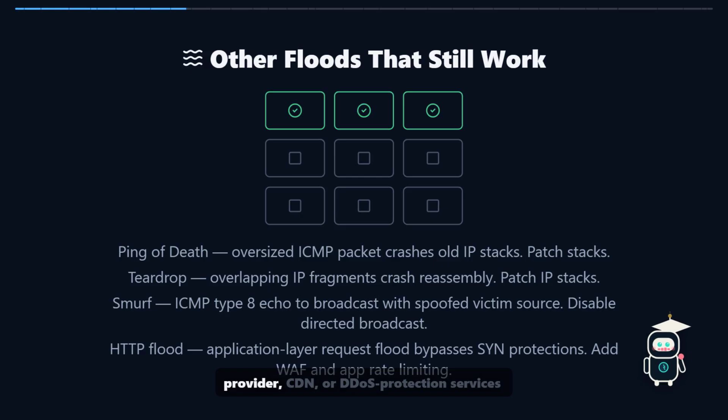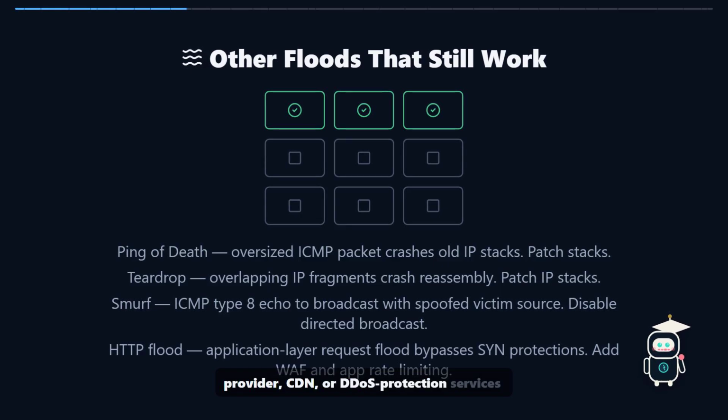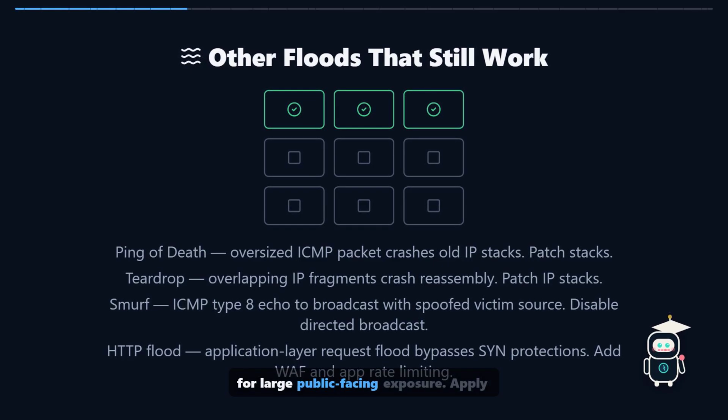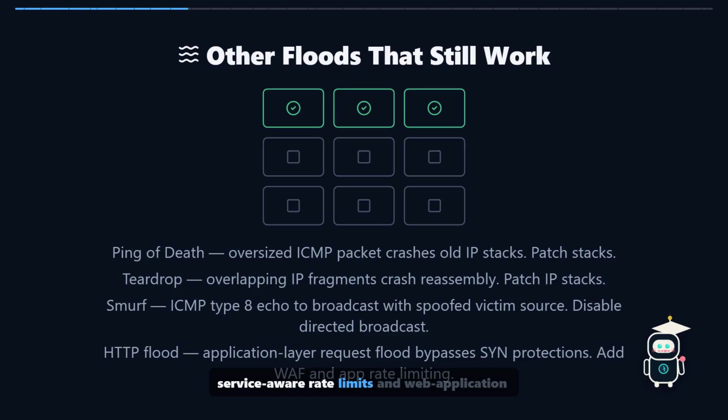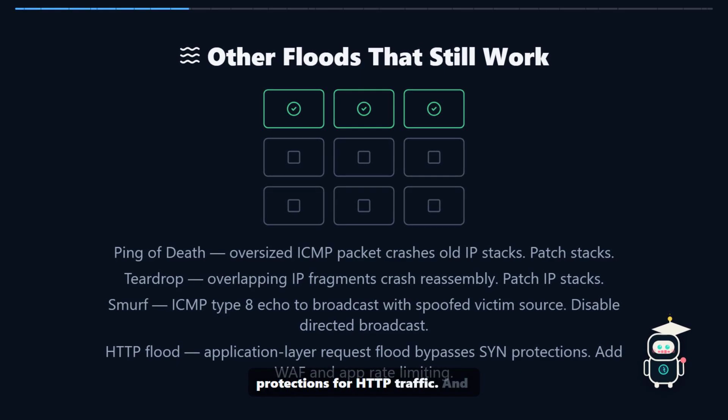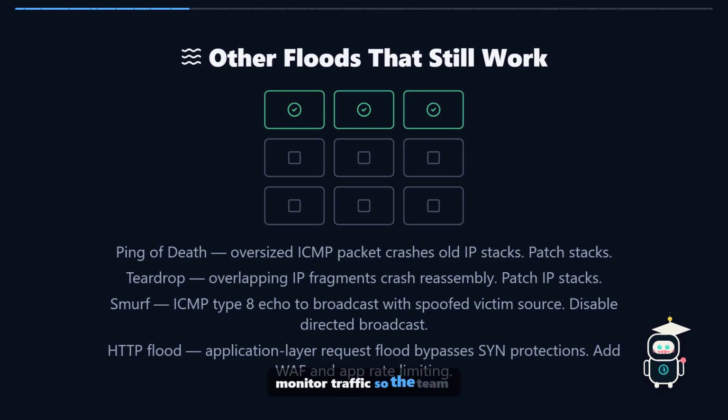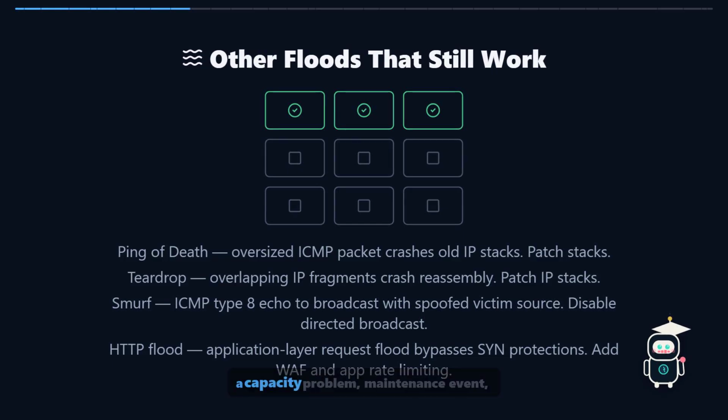Use provider, CDN, or DDoS protection services for large public-facing exposure. Apply service-aware rate limits and web application protections for HTTP traffic. And monitor traffic so the team can distinguish an attack from a capacity problem, maintenance event, or application failure.